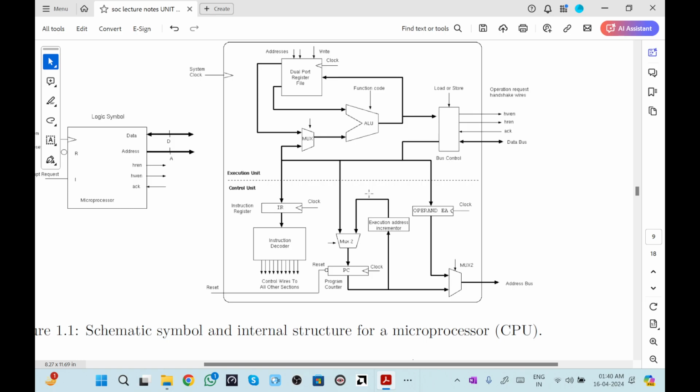Execution is like the father and the control unit is like the mother. The mother manages each and everything at home, that is the control part, and the execution part is the responsibility of the father. Once the control unit gives the access, you have to do it.